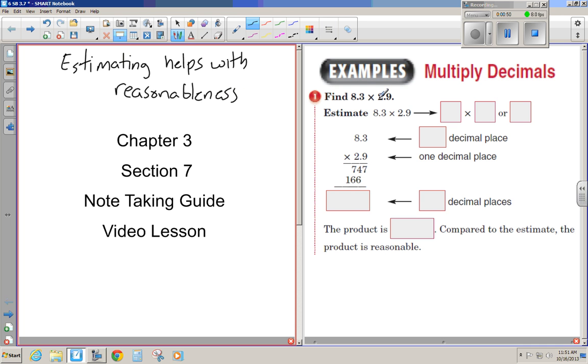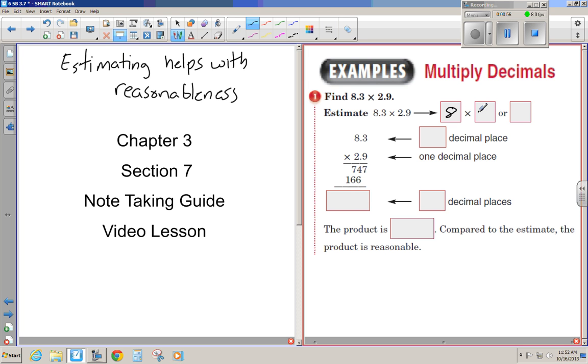So what we can do is look at this right here, 8.3 times 2.9. That's pretty much 8 times 3, which is 24. So our answer should be close to 24.